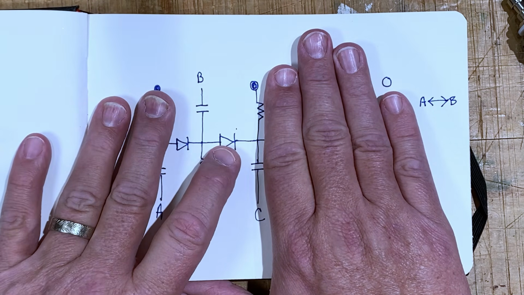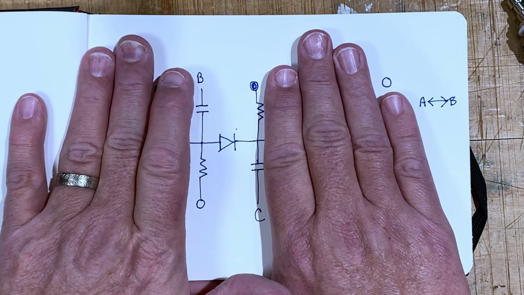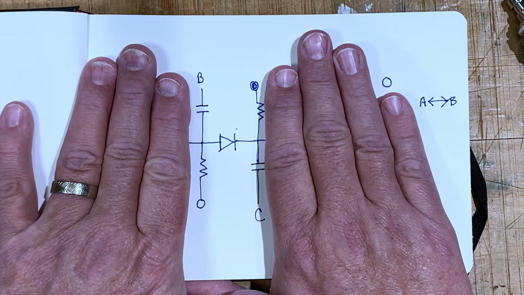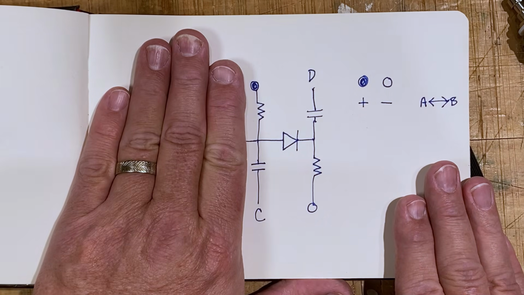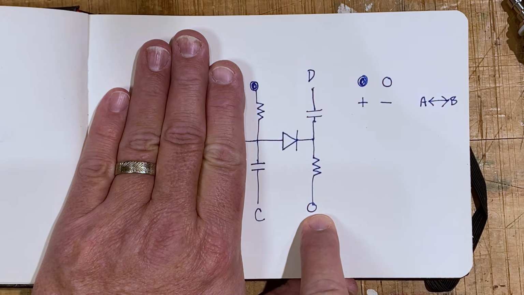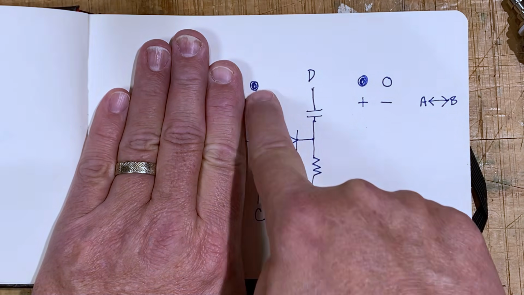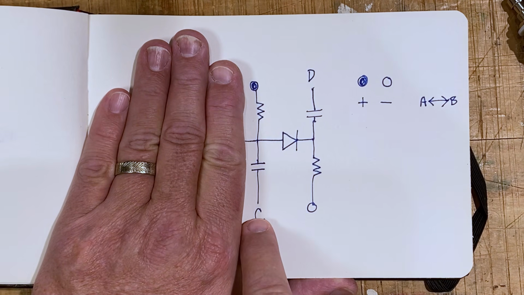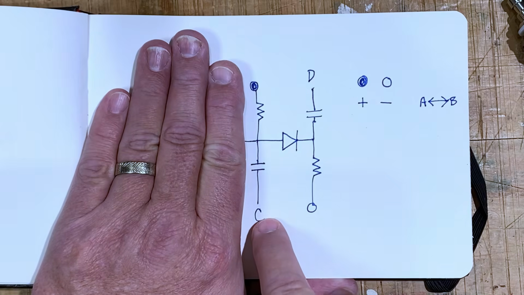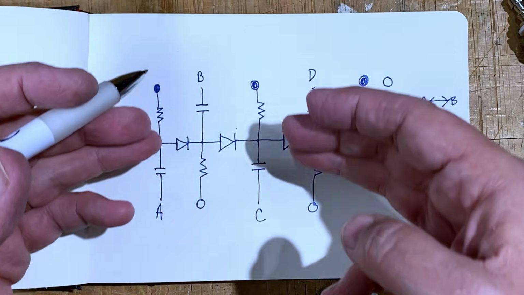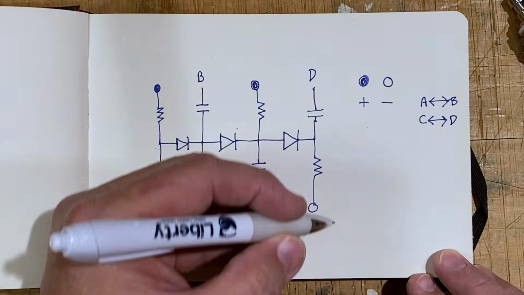This diode is reverse biased, so the path from B to C is blocked, so no signal gets through there. If we keep going down this path, he's positive, he's negative or ground. This diode is forward biased, so it's active, and I can pass a signal from C to D or from D to C.